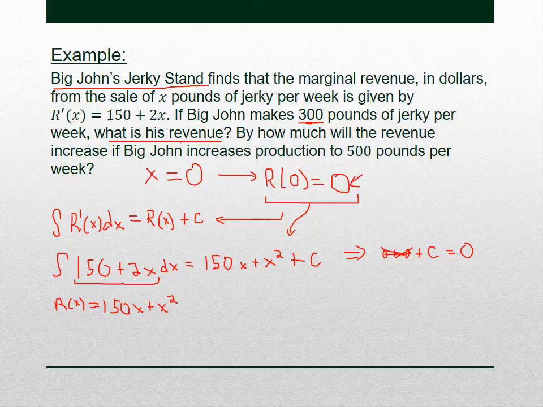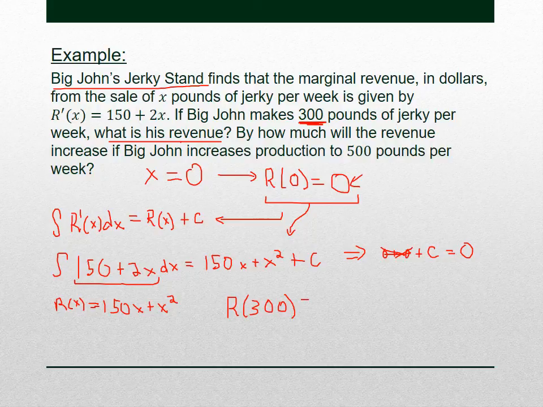So I know if I make X pounds of jerky every week, then this is going to spit out my weekly revenue. So specifically here, I want to know what is that revenue at the 300 pound mark. So that question is answered by plugging in 300 for X. So we want R of 300.